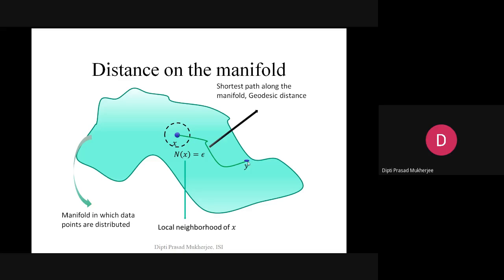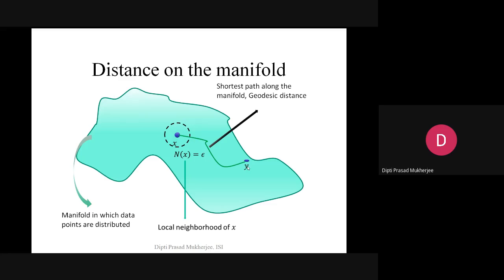So what you can do is find the Euclidean distance between X and Y. However, maybe the data is distributed in such a way, sort of a kind of a shoe surface here. Then your distance may be better calculated if you follow along the surface of the shoe.